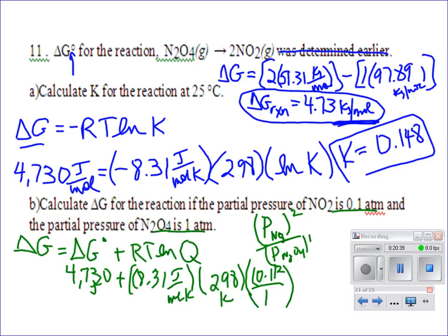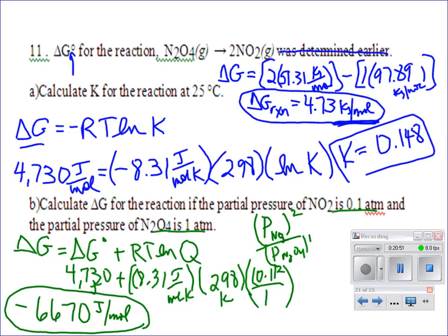When you solve all of that, this one I definitely want y'all to check. They got negative 6670 joules per mole. Hope it's right. All right. So it became more spontaneous, which makes sense because of the magnitude of the K originally.